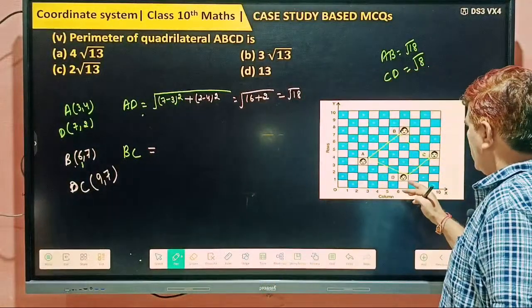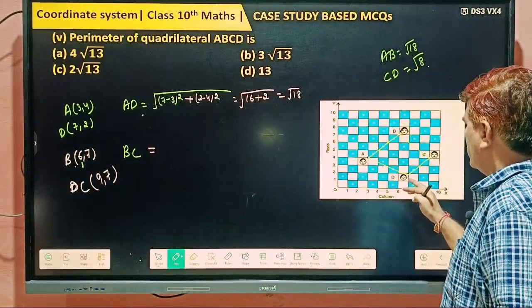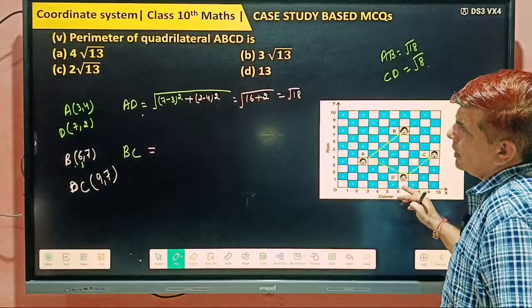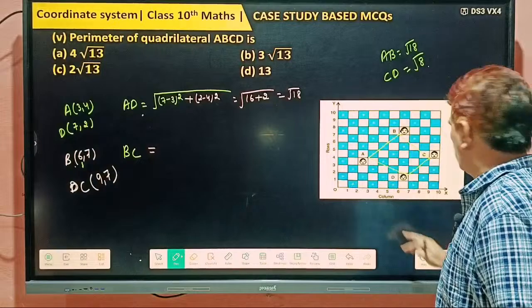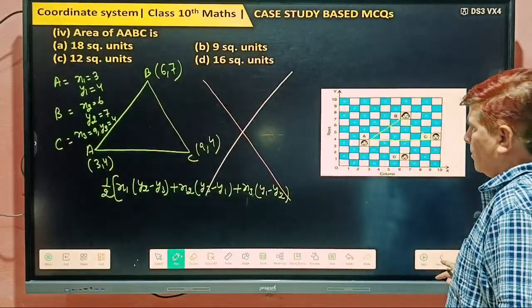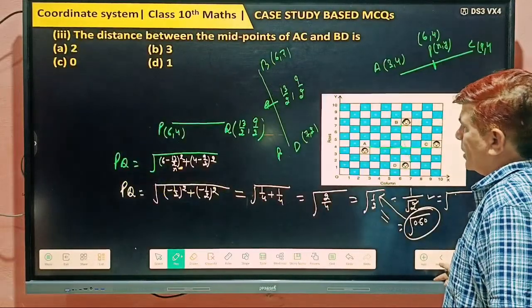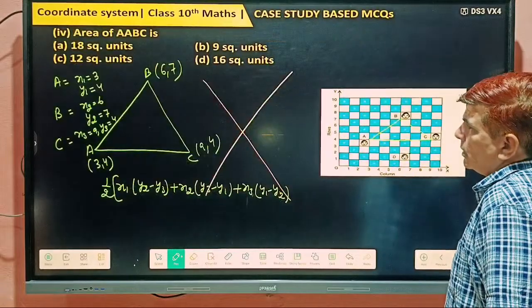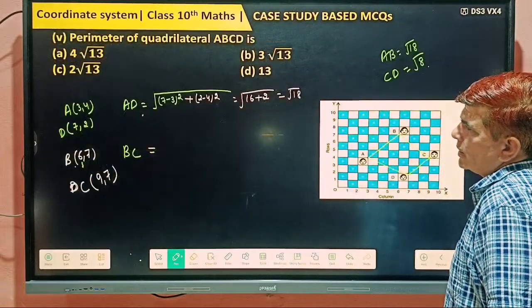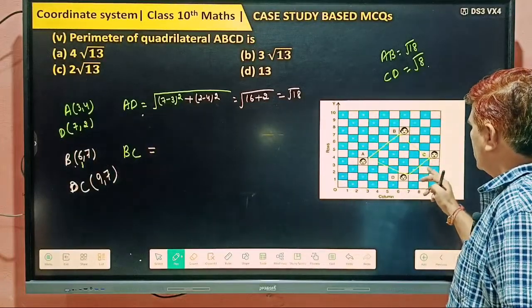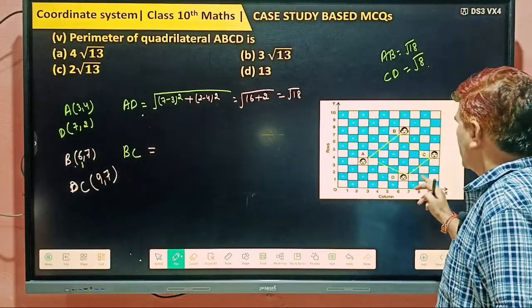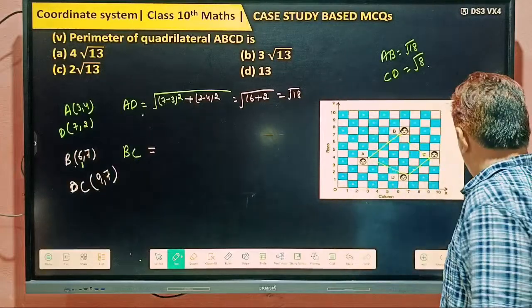What have I taken for D? Wrongly written. So this is 7 and 2. Check one time. But we have to take what? We need C coordinates, not D. C are these. This is 9 and how much is this? And 4.